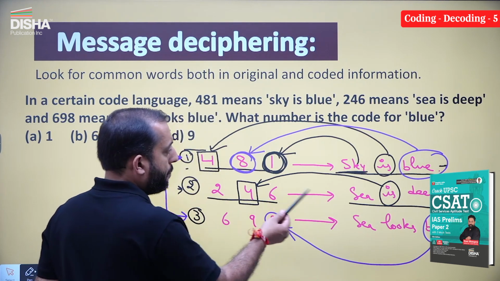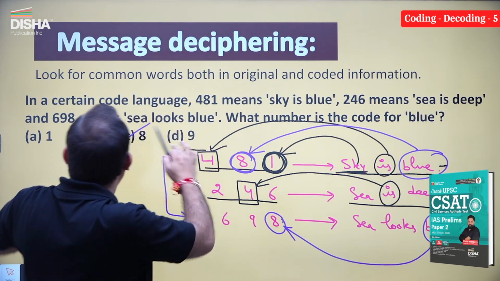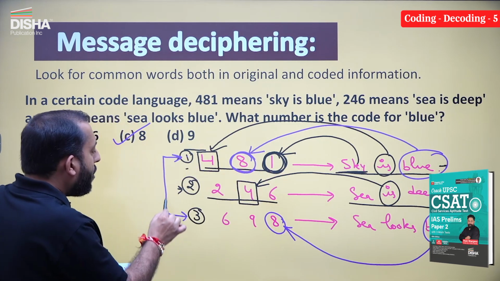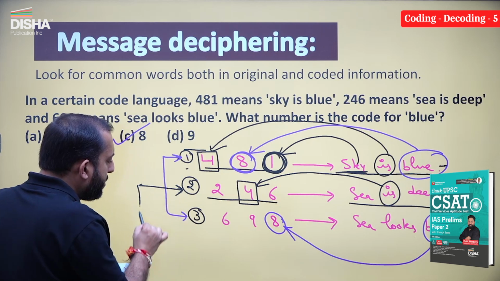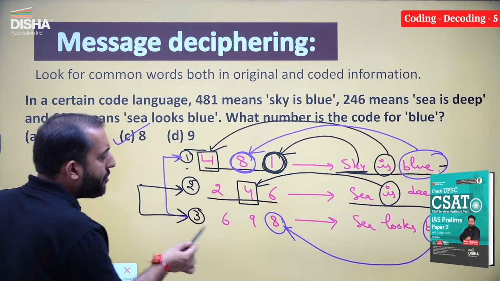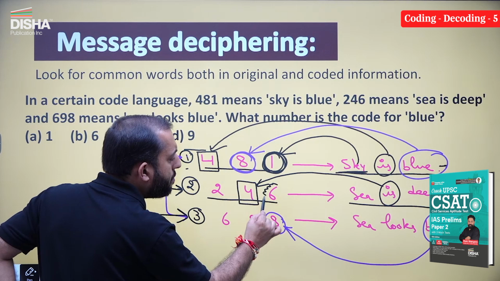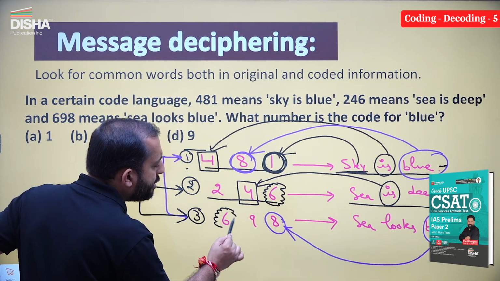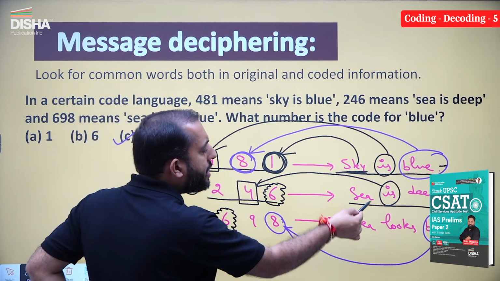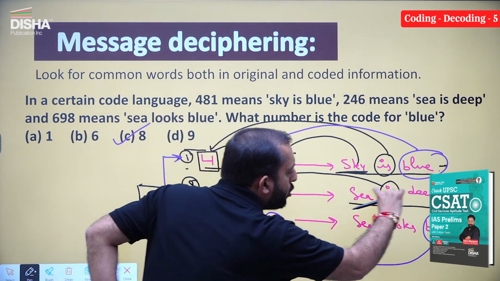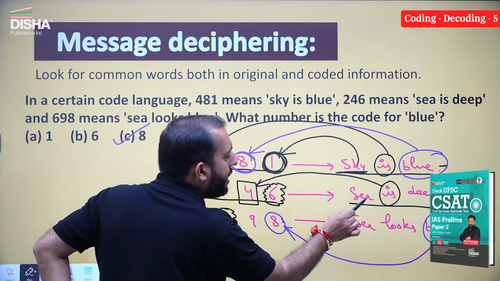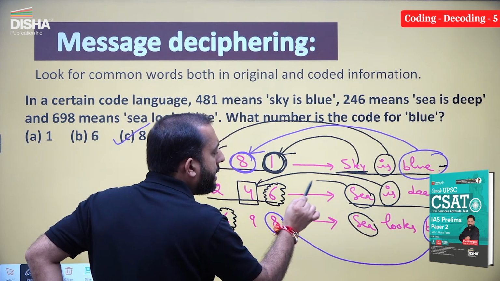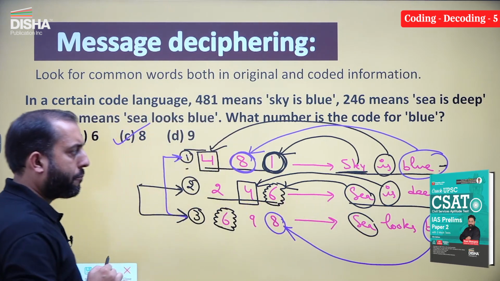Now, although we have answered this problem, let me tell you something more. If you compare statement 2 with statement 3, you will find out in statement 2, 6 is present on the left side, and also in statement 3, 6 is present on the left side. On the right hand side, you will find sea common, which means 6 is the code for sea.